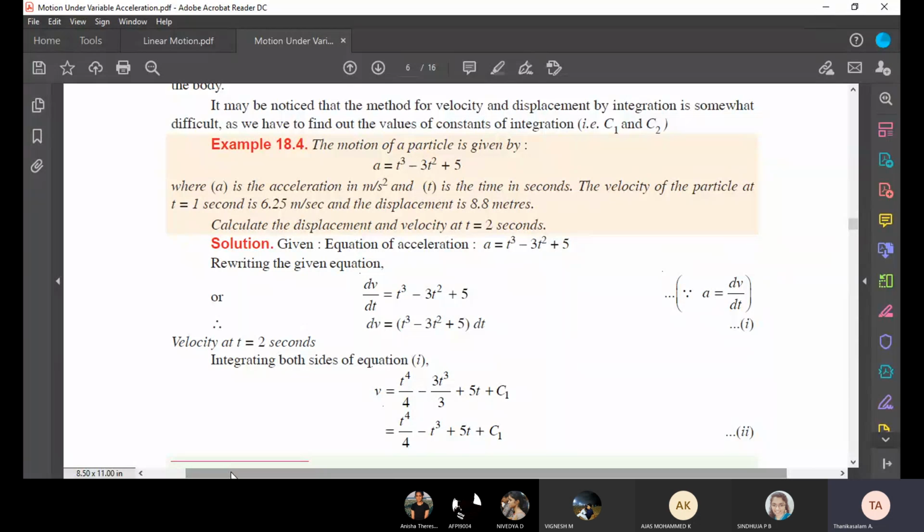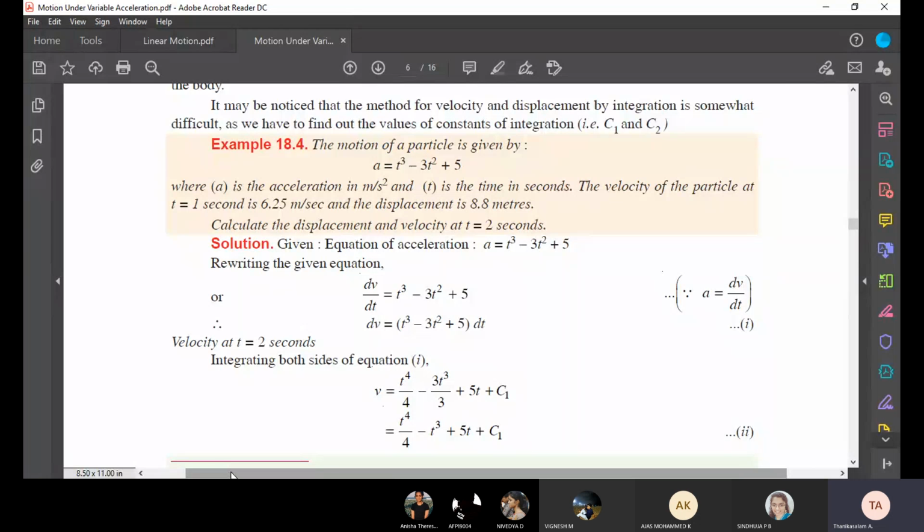Now they are asking: calculate the displacement and the velocity at t equal to 2 seconds. Understand? Already one condition is given, now they ask another aim. So they are asking for s and velocity. See the question.